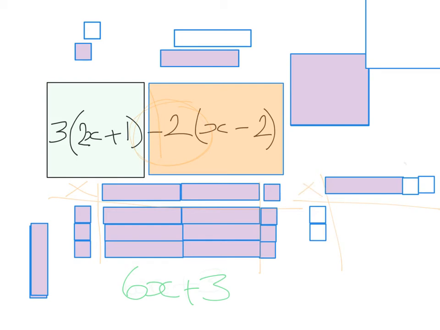Well, it needs to be x along, but negative 2 here. Negative 2 times x is negative 2x, so it needs to be like this. And here we've got negative 2 multiplied by negative 2, and that's going to be positive 4.